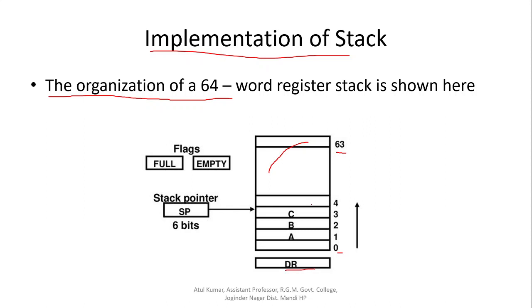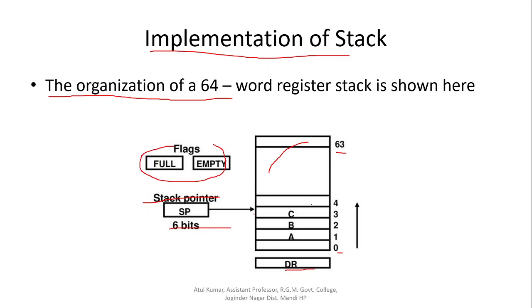DR here means data register. There are two flags in the implementation of stack. One is the full flag, which is 1 when the stack is full, and the other is the empty flag, which is 1 when the stack is empty.